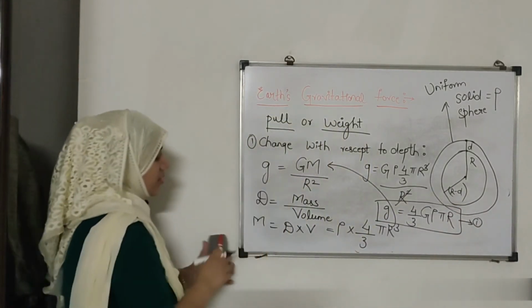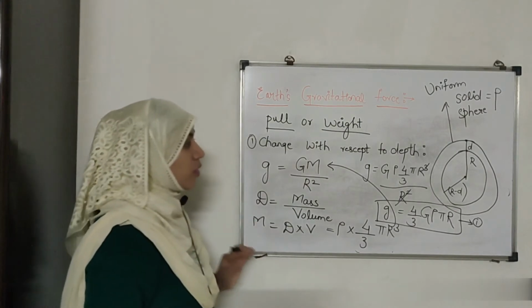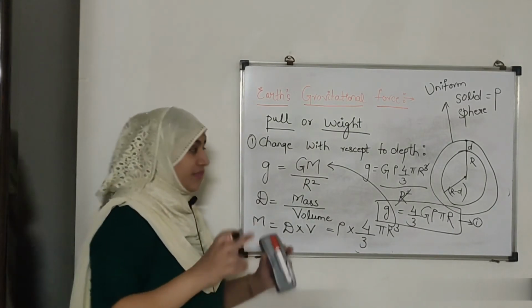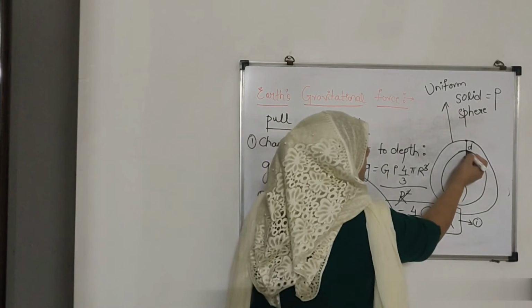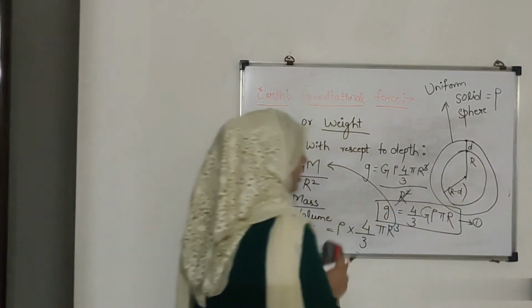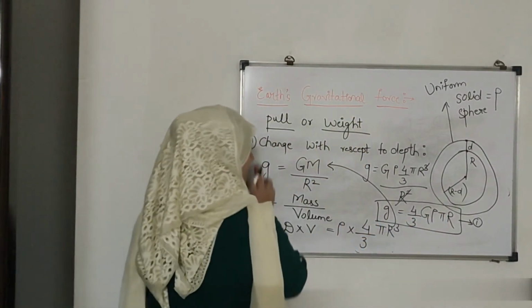I'm going to erase the rest of the thing. Now I'm going to consider the sphere at whose surface this body is kept. So I'm considering the second sphere.